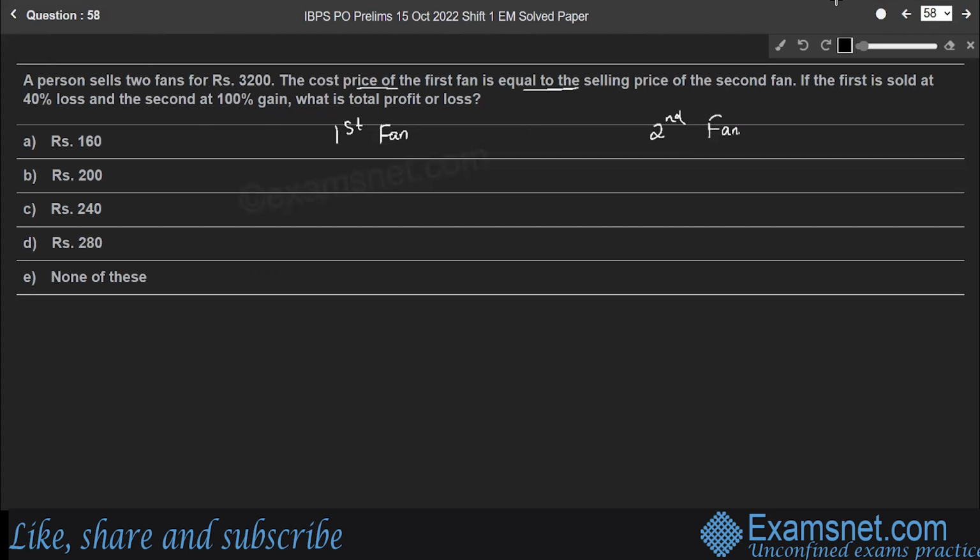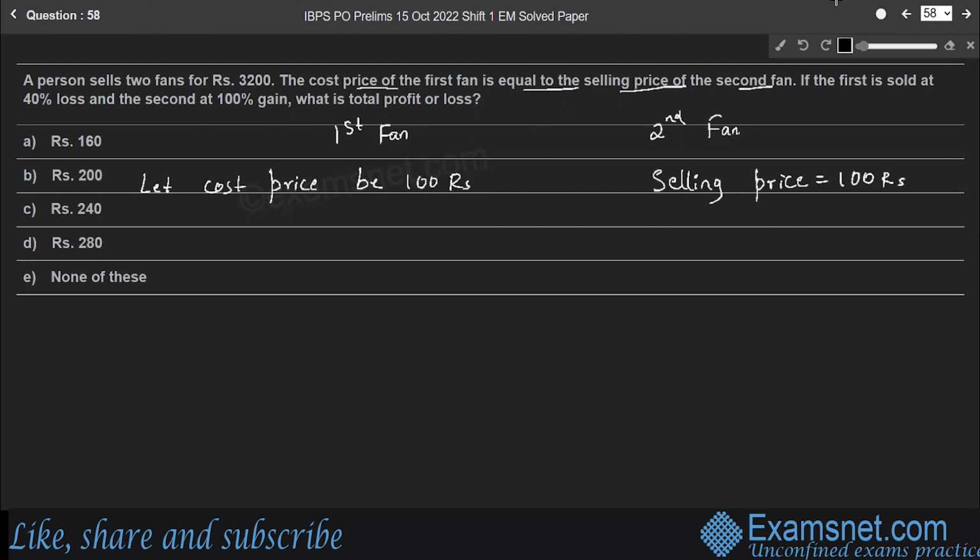So let us assume the cost price of the first fan is 100 rupees. This is equal to the selling price of the second fan. Therefore, the selling price of the second fan is also 100 rupees.